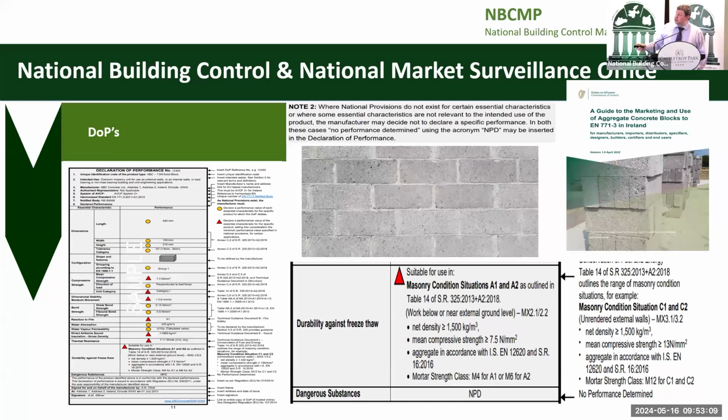And the durability is down here and how that's met by the product. So blocks are not durable. People assumed that concrete was durable for years. Concrete blocks are not durable. SO325, if you read it, will tell you that they're not durable. They need to be protected. They need certain protection, durability against freeze thaw, and the density that you need to have. And this all refers you back to the mortar strength and everything like that.